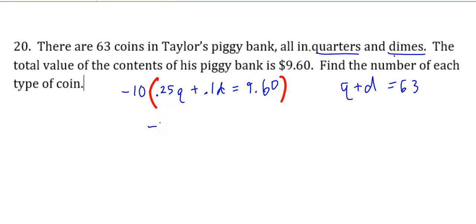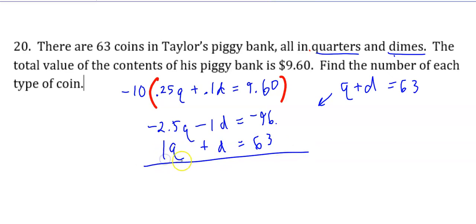So this would be negative 2.5q minus 1d equals negative 96. So we can now line up the equations. I'm going to move this over here. I like elimination a little better. q plus d equals 63.